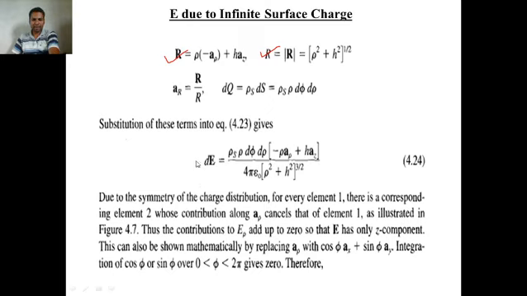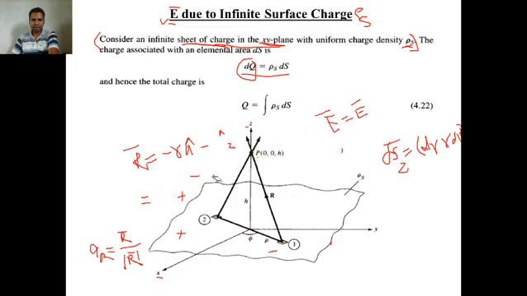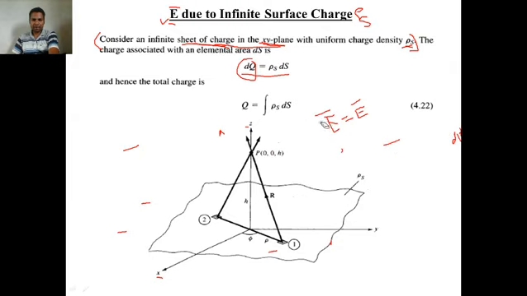But which are the directions of dE bar in this formula? If we carefully observe this formula, there are two directions left. The first direction is a r cap or a rho cap, and the second direction is a z cap. If we observe this diagram, it is clear that due to this differential surface dS somewhere here, the dE bar will be in this direction.